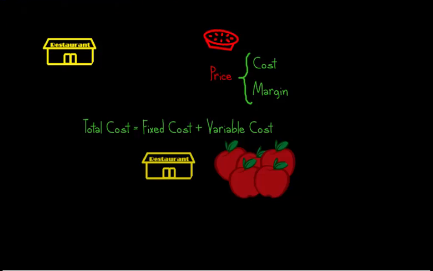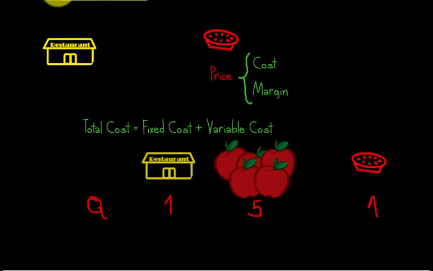So here we have the apple pie, and this is quantity. If we need one apple pie, let's just put a number, we need 5 apples. And how many restaurants? Just one.